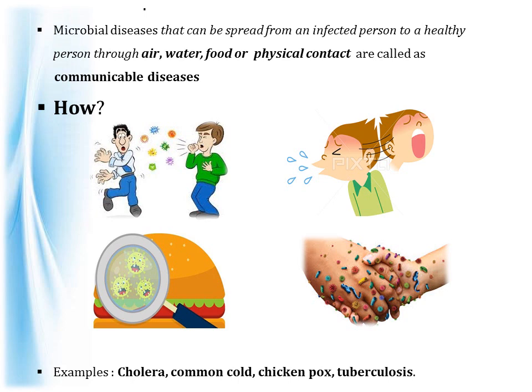And when a healthy person breathes in that air, drinks the water, eats the contaminated food or gets in touch with that infected person, the disease causing microorganism enters the body of the healthy person, causing infection or illness. This is how communicable diseases spread. Some examples of communicable diseases are cholera, common cold, chickenpox, and tuberculosis.